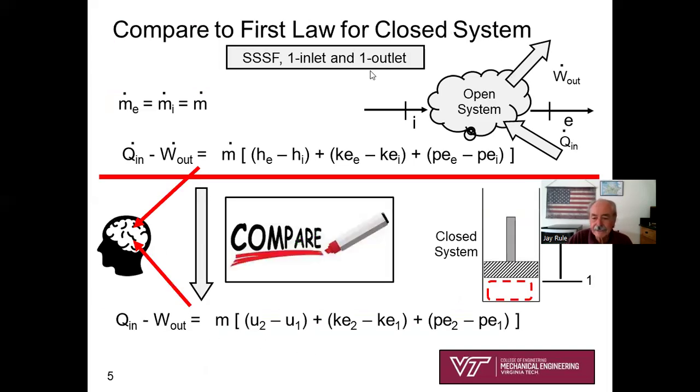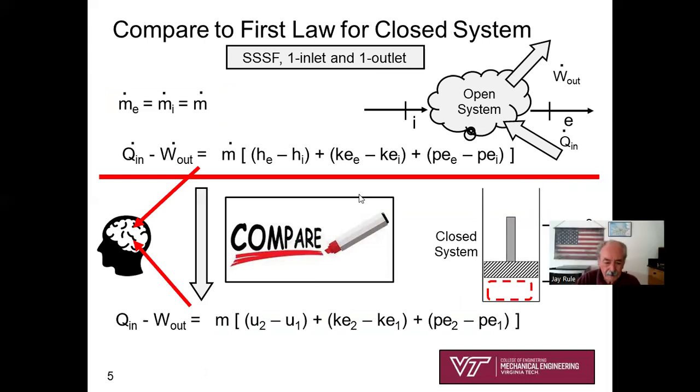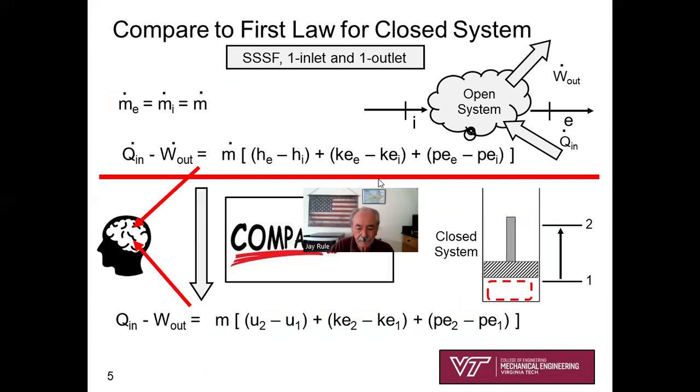Here's another little technique I'd like to suggest for you to compare. Let's compare steady state, steady flow, open system, one inlet, one outlet. Here's my sketch. Let's compare that to what you already know about a closed system problem, like a piston and cylinder. In the upper part of the slide, we just talked about the open system sketch, one inlet, one exit.